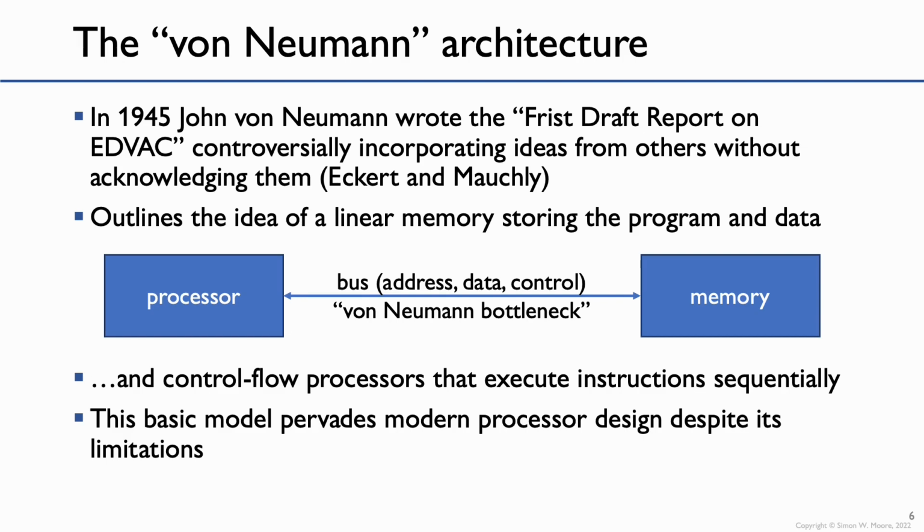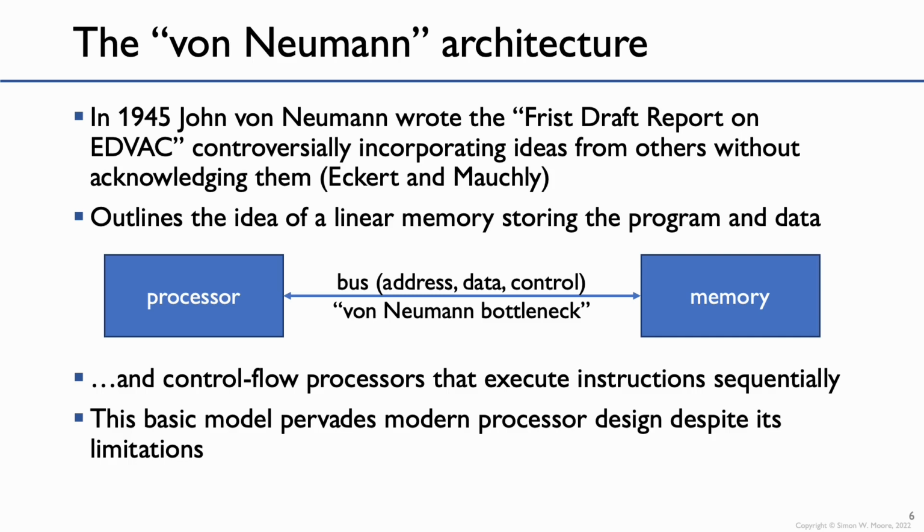This also gives us the notion of control flow processors that execute instructions sequentially. And surprisingly, given all the advances in computer science, this basic model pervades modern processor design, despite the fact it has a lot of limitations.